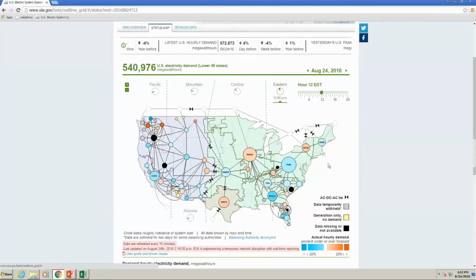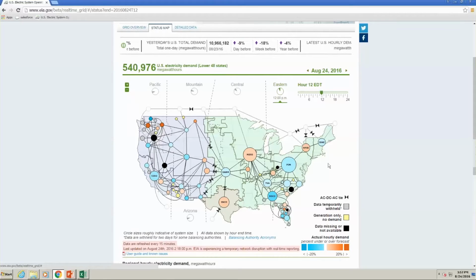All right, the circles. What are the circles? The circles are the 66 balancing authorities in the U.S. And the size of the circles roughly reflects the peak load for those systems. So you can see PJM and MISO and ERCOT and SPP are some of the largest systems in the country.